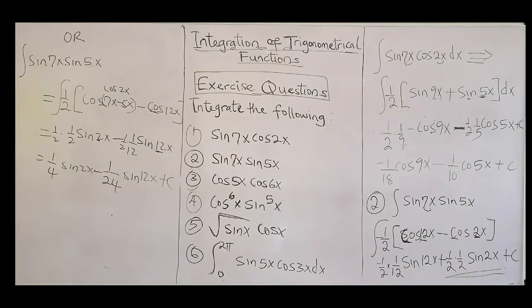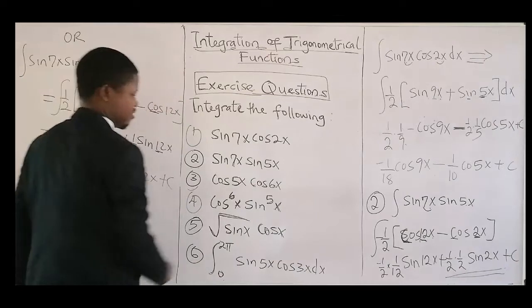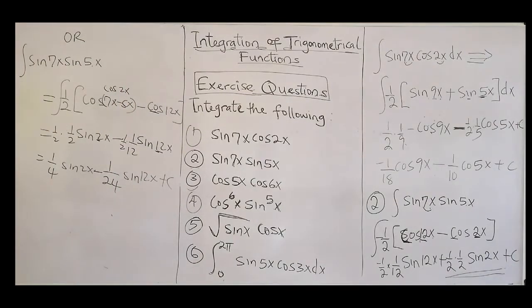So that will take us to question 3. When you have a product of cosine and cosine, it's going to give you a sum of cosines. So you have the integral of cos 5x cos 6x.